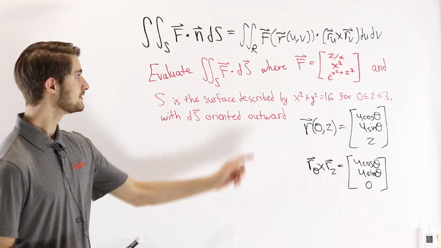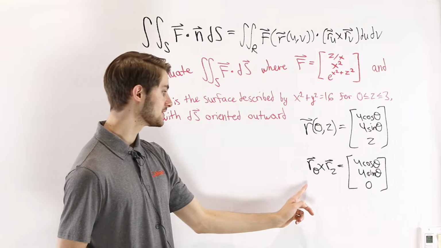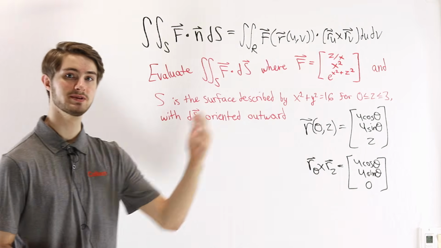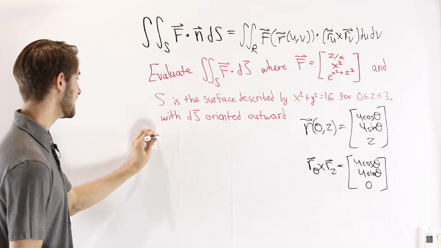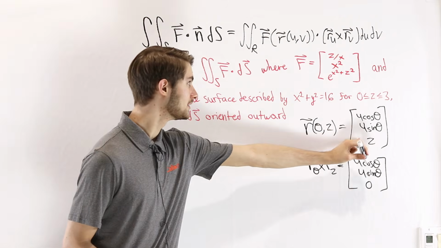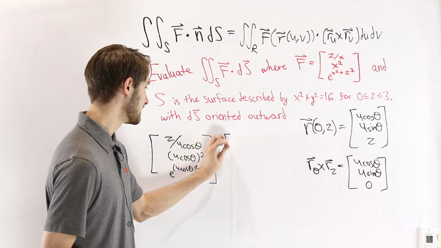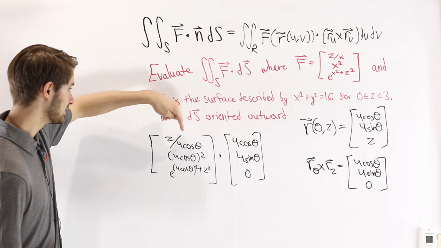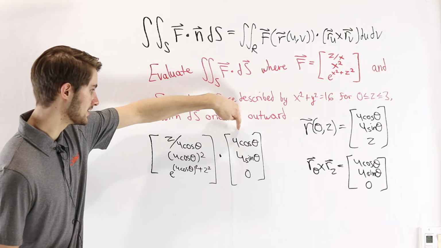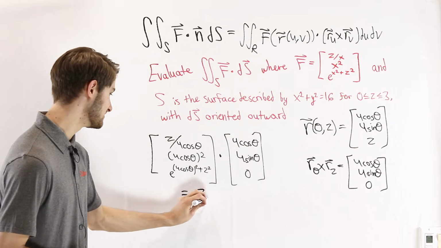Now before we plug everything into the integral, let's compute the dot product of F with r sub theta cross r sub z at the beginning. That dot product is going to be first this vector field F, if we plug in the point here. Now we dot that with the cross product that we have right here. And when we do this dot product out, notice first that we're going to have the x components multiplied together. The 4 cosine theta on the top and bottom will cancel, so we'll just have a z.